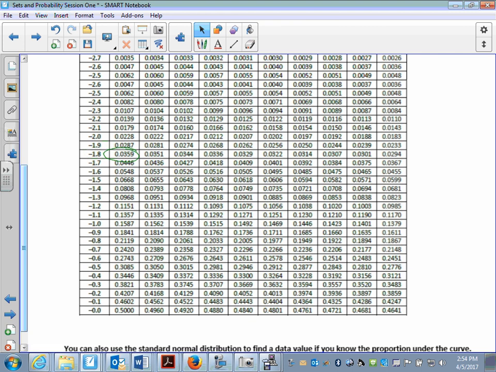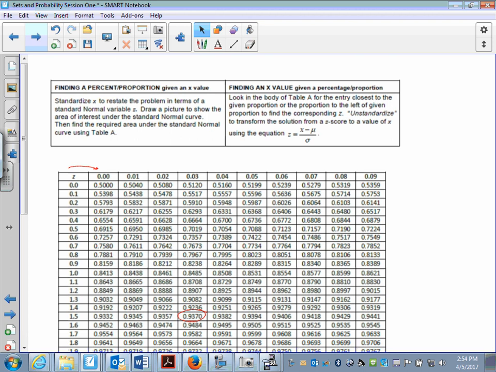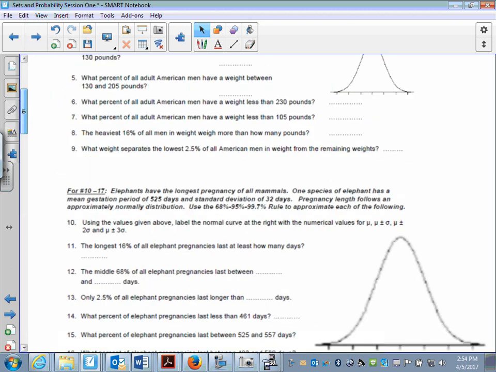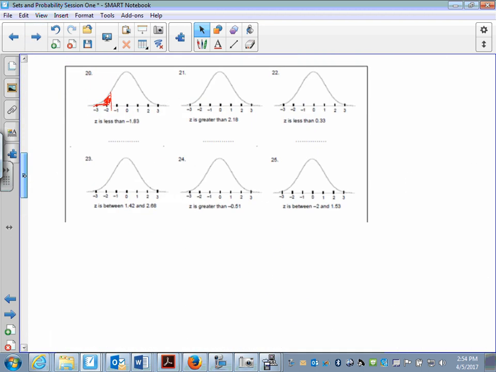This is negative 1.80, negative 1.81, 2, and 3. So we get 0.0336, or 3.36%.